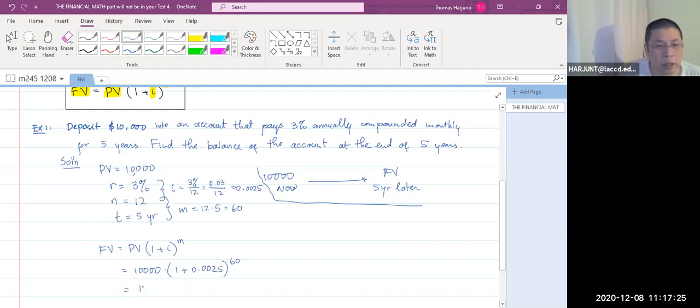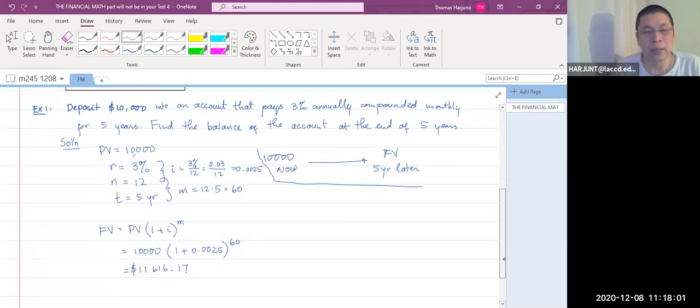I get 11,616.17. So if you put $10,000 right now in an account that pays 3% compounded monthly for 5 years, then 5 years later you get $11,616.17 in that account. Now that's the first example.